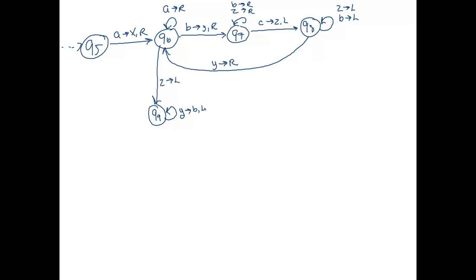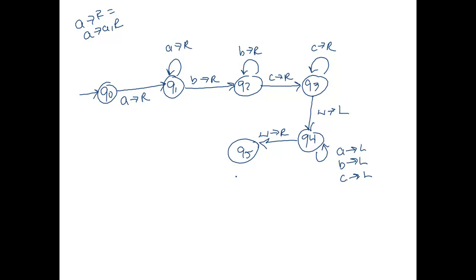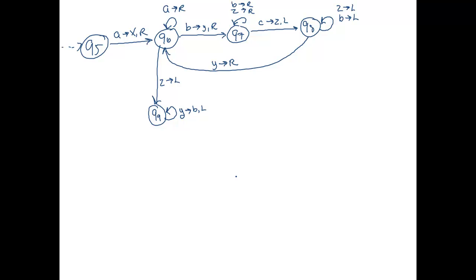Okay? So now what do I do? I've reset all my Y's as B's. It was moving from this step to this step. So I reset all of my Y's as B's, and then I look for the next A. I might have more than one unchecked A. I really want the first one, the leftmost one.